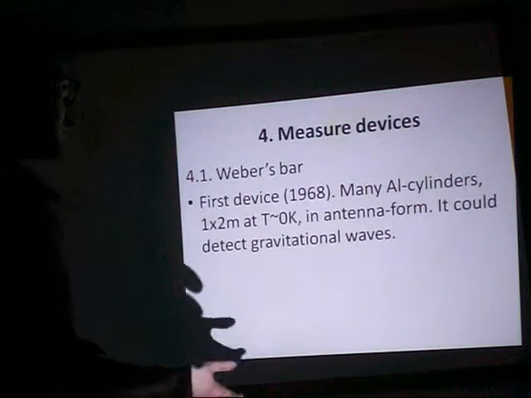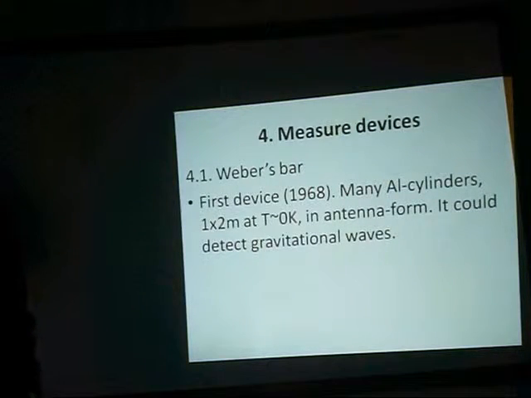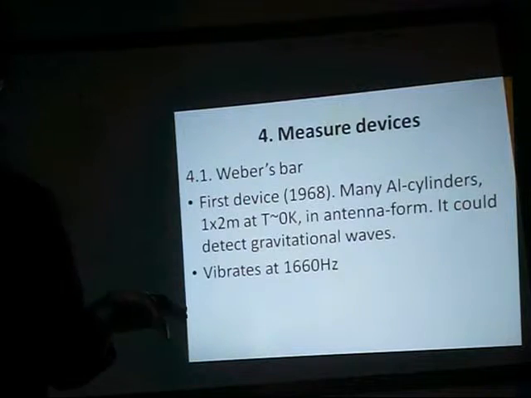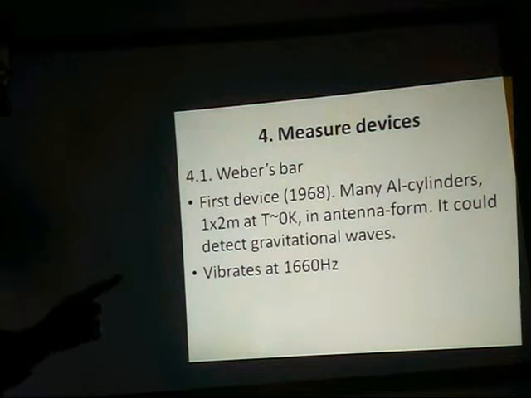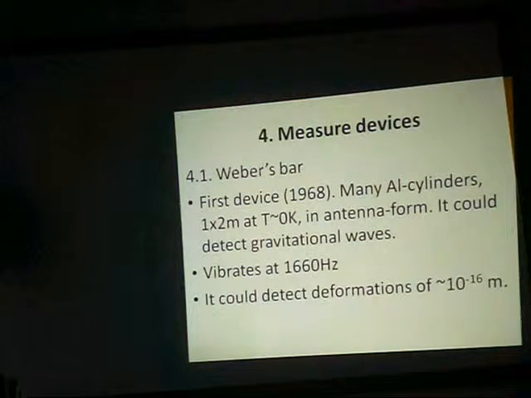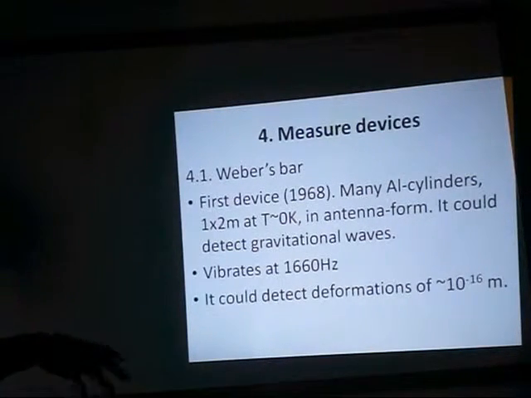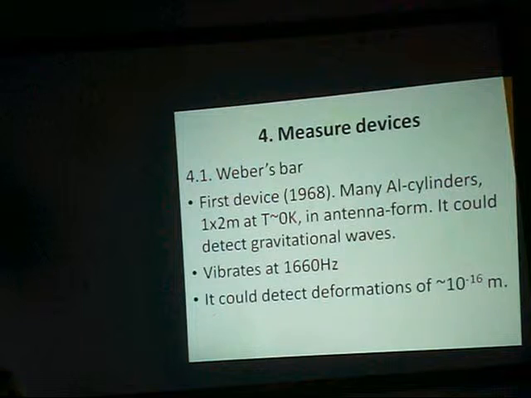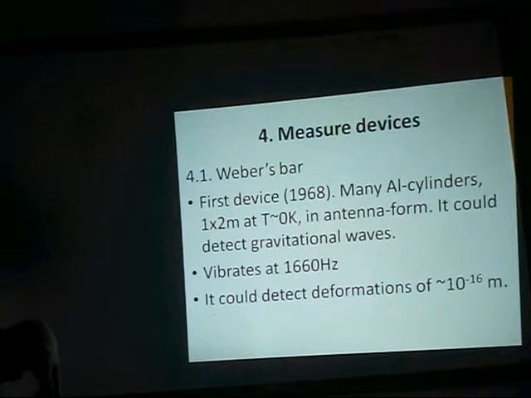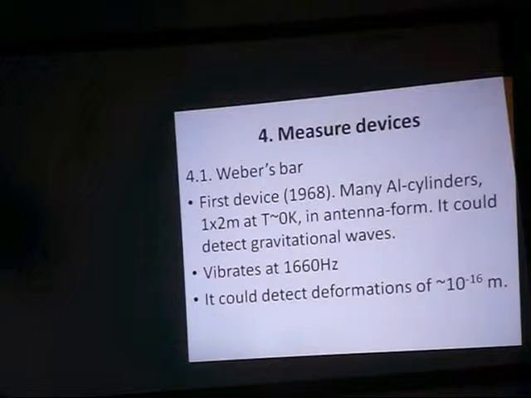It has an antenna form and vibrates at 1616 Hz, and could detect deformations of about 10 to the power minus 16 meters.